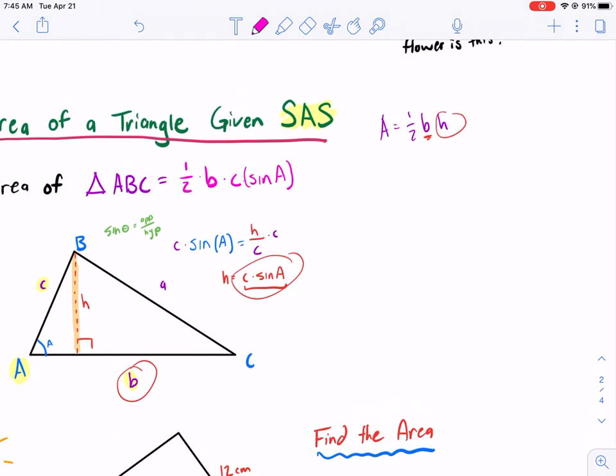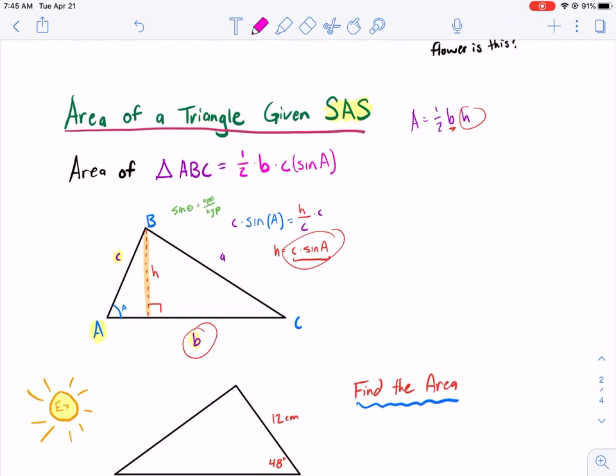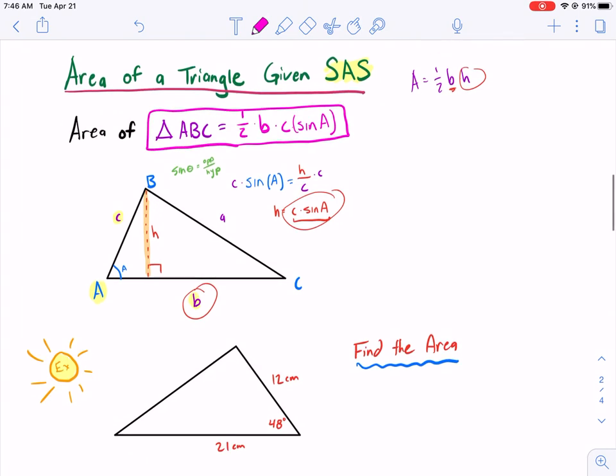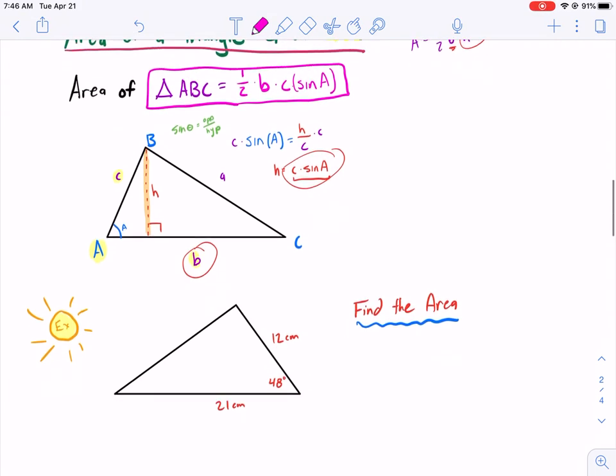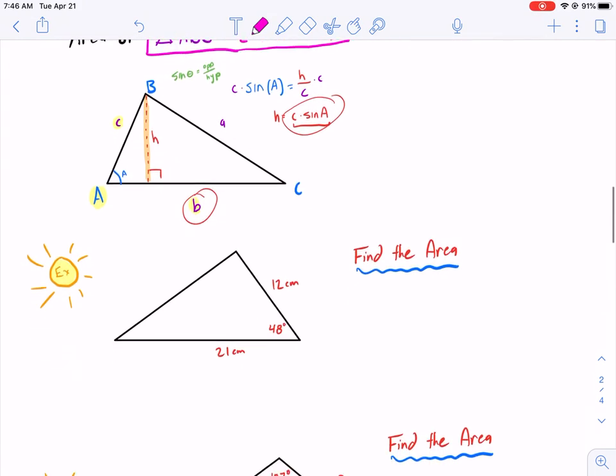You're going to take the sine of A, then multiply that by B and C, and multiply by 1/2 or divide by 2. So there we have a very useful formula to help us with any sort of problem when we're not given the height, but we're given a side, another side, and an angle in between.